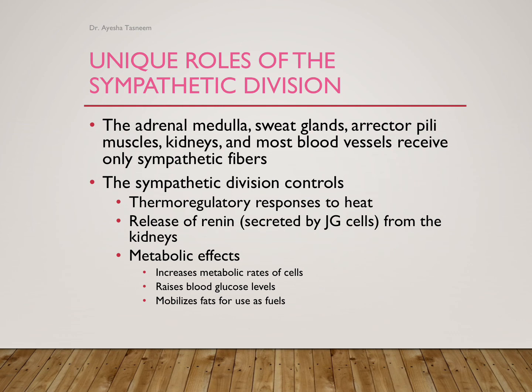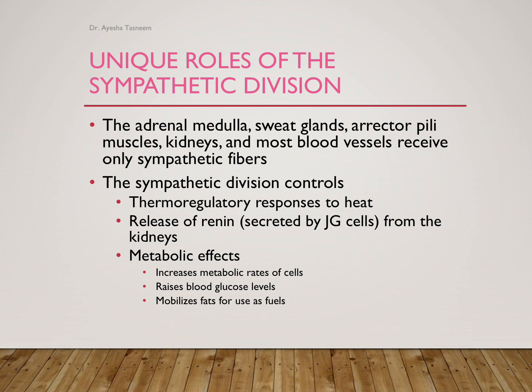There are some unique roles of the sympathetic nervous system. Like the adrenal medulla, sweat glands, erector pili muscles, kidneys, and most of the blood vessels receive only sympathetic fibers.